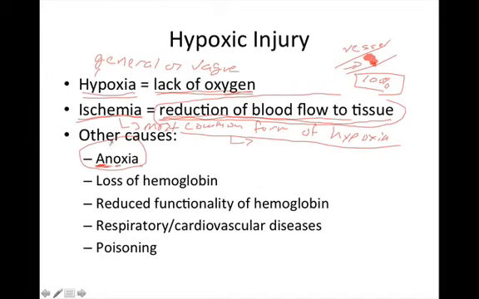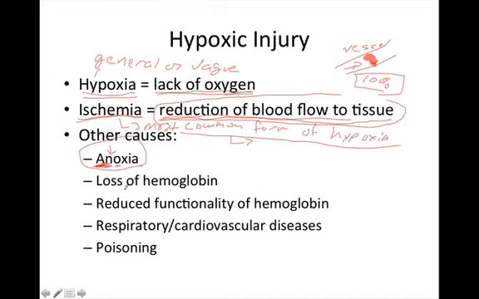That's why the N is there. Normally when you see the letter A in front of a word, that means without, but this is a special situation where we have anoxia. It has the exact same meaning, and that's the rule right there.